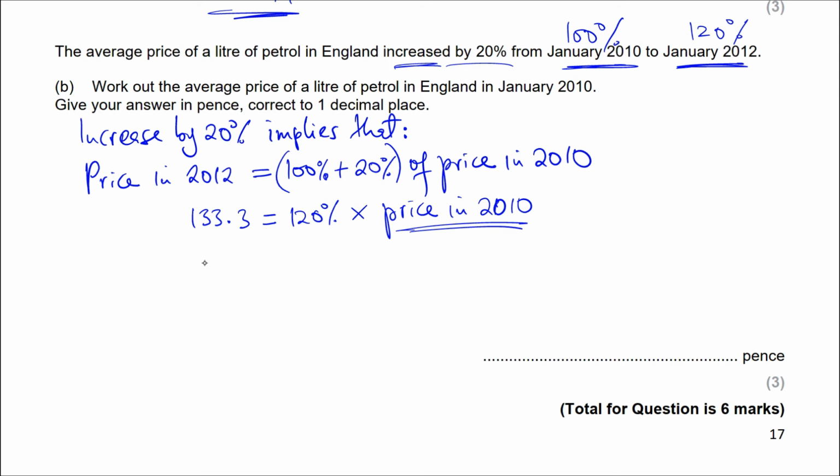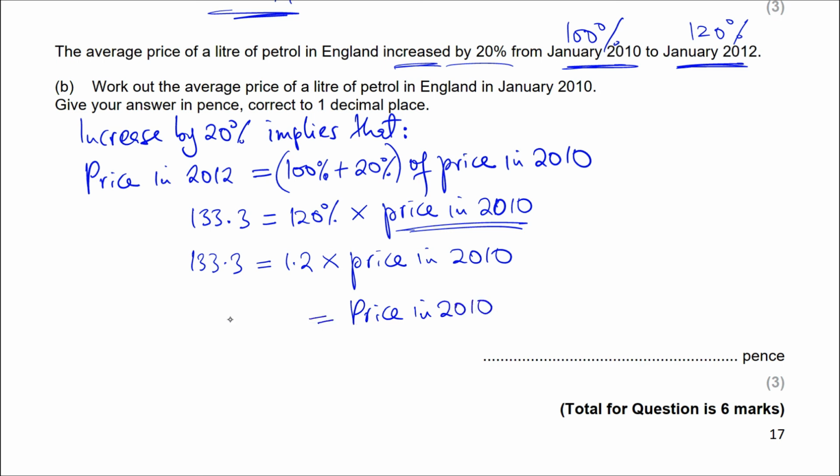So we can just solve this equation. So 133.3 will be equal to 1.2 multiplied by the price in 2010, which implies that the price in 2010 will be equal to 133.3 divided by 1.2, and that will be equal to 111.1 if you just plug this in your calculator. Okay, so that will be the price in 2010.